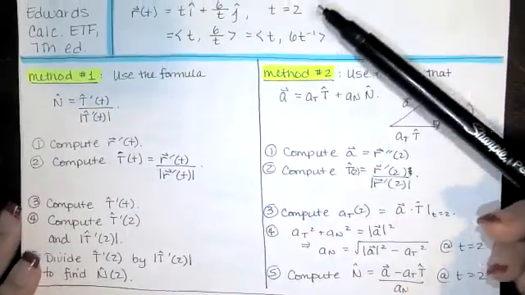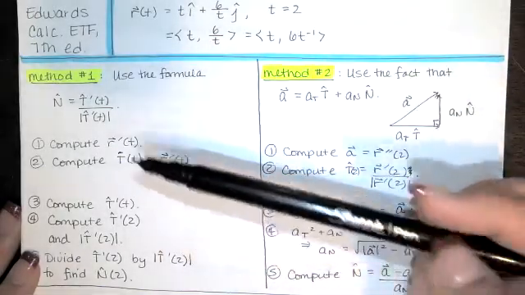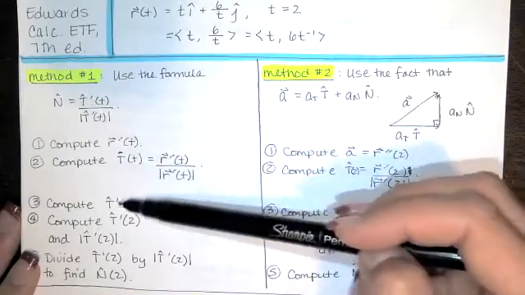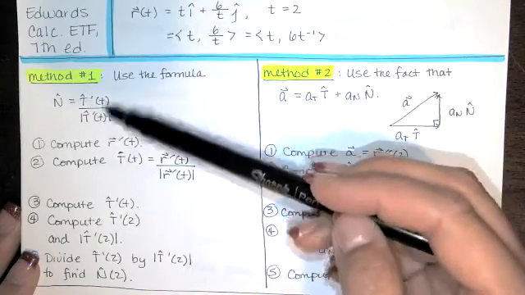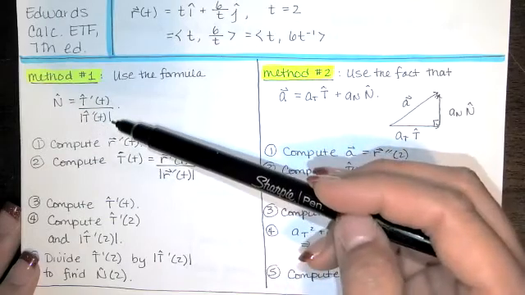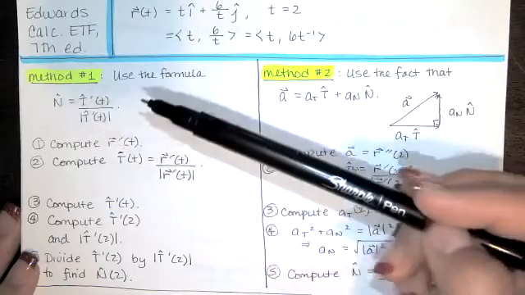But I highly recommend substituting t equals 2 as soon as possible. Now, we can't substitute until we take the derivative, but after we take the derivative, we can evaluate this expression at t equals 2, then find its magnitude at t equals 2. That'll be just finding the magnitude of a vector with numerical components, and then divide to get n hat at 2.